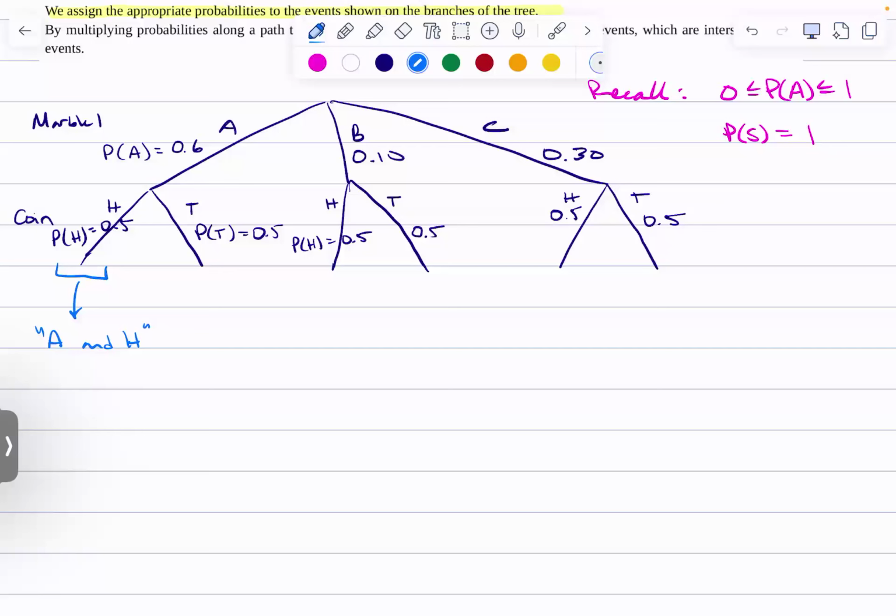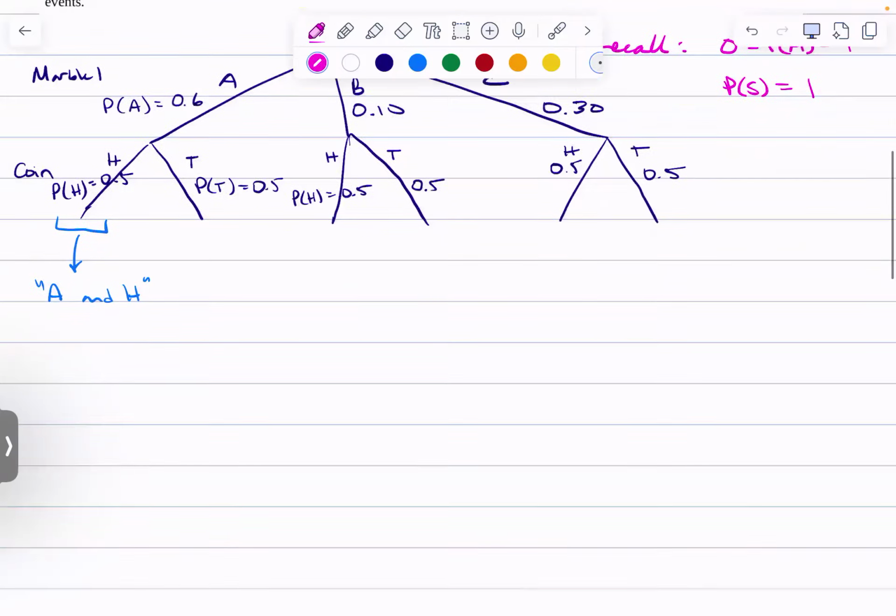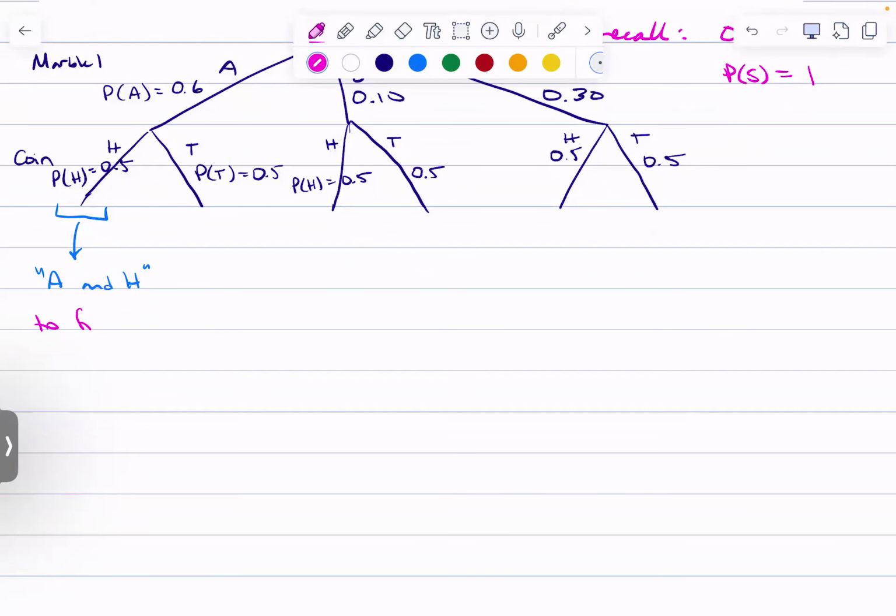To find the probability of drawing a marble A and then flipping a head, you can multiply down the branches. So to find the probability of A and H, we can multiply down the branch.